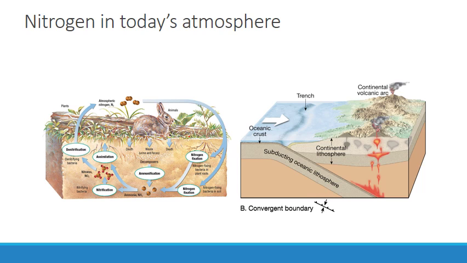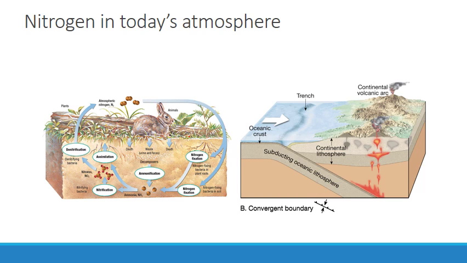Recently, in a 2014 Geosciences Nature article, one Earth scientist suggested that it derived from the Earth's upper mantle. Where you can see in the right-hand part of this slide, a convergent boundary.